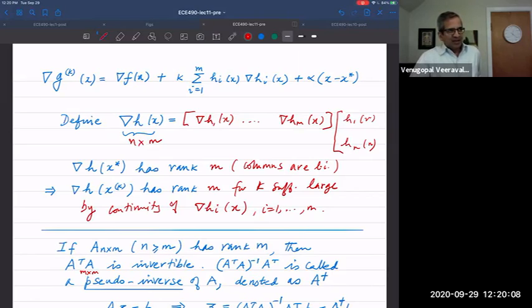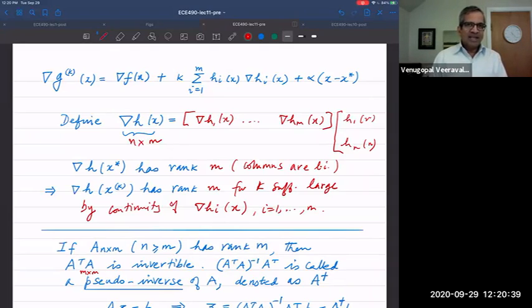You're talking about ill conditioning, where some elements of the vector are really small. If you perturb by more than that small number, then you might lose the full rank property.